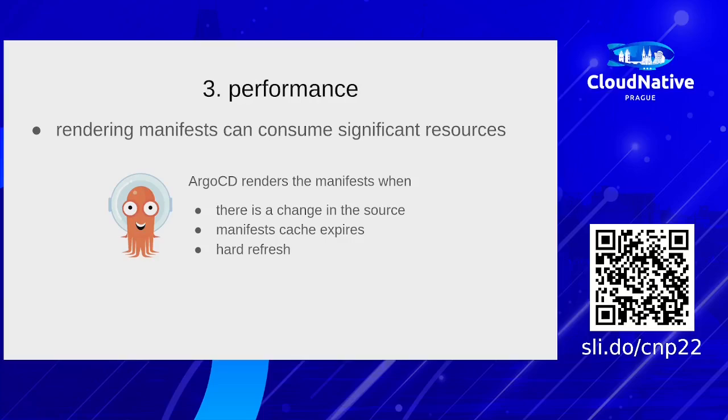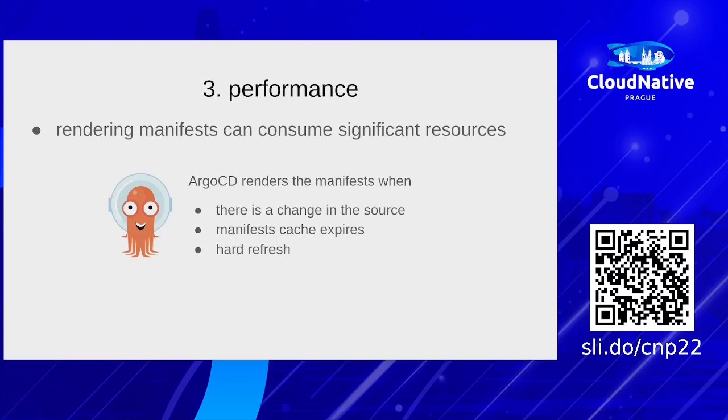Third problem is performance. Rendering manifests can consume significant resources. They are rendered when there is a change in the source, when the manifest cache expires, which by default is every 24 hours, or when some user requests a hard refresh of their application.